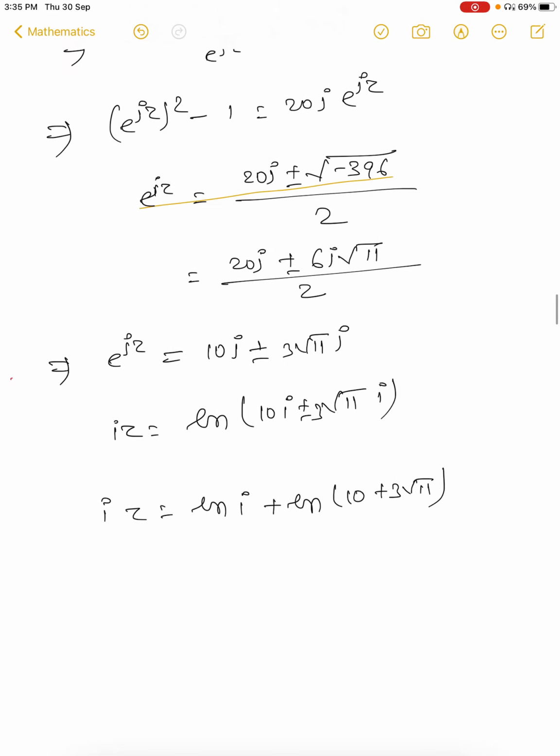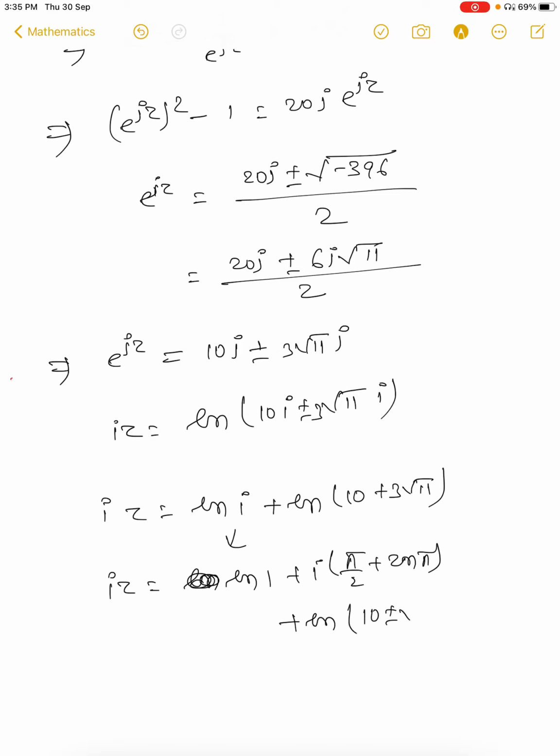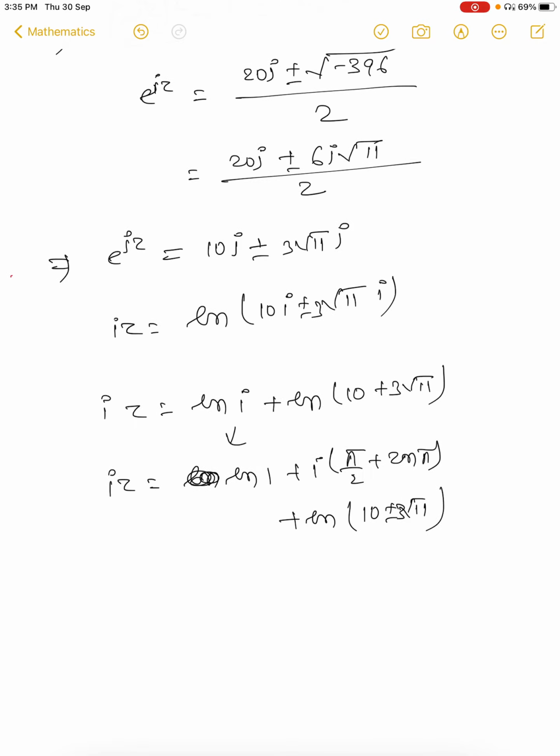After simplification, ln j we can write as ln 1 plus j pi by 2 plus 2n pi, plus ln of 10 plus or minus 3 root 11.